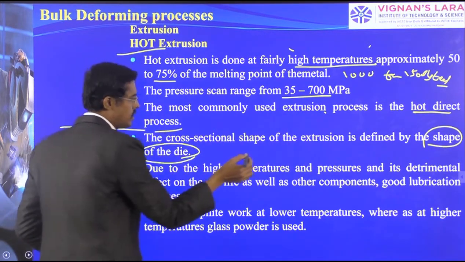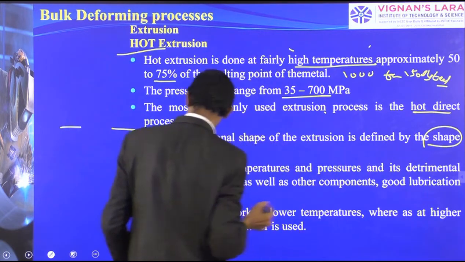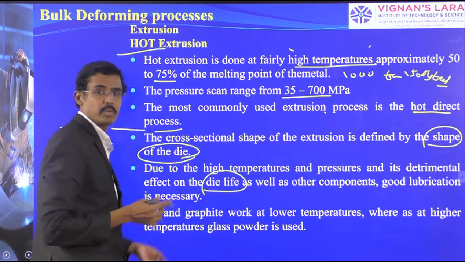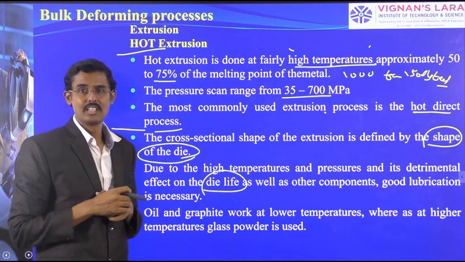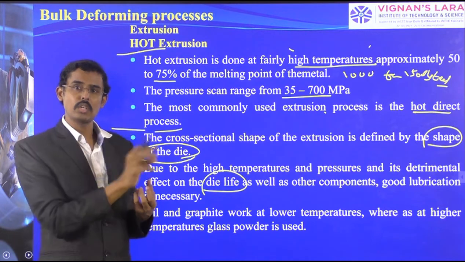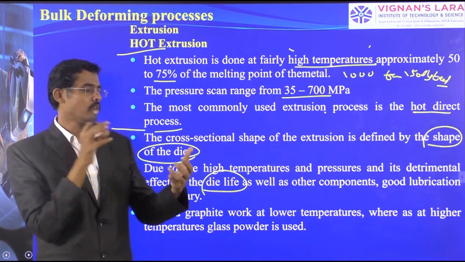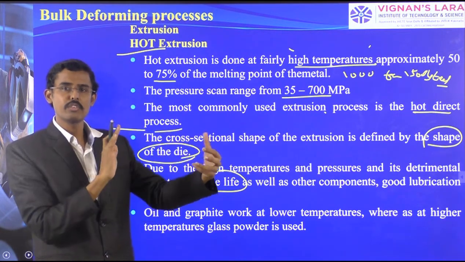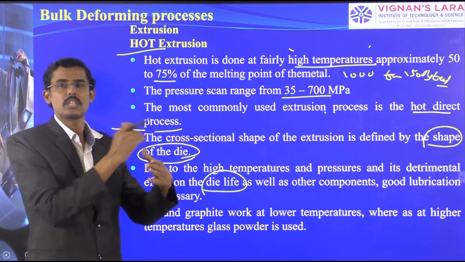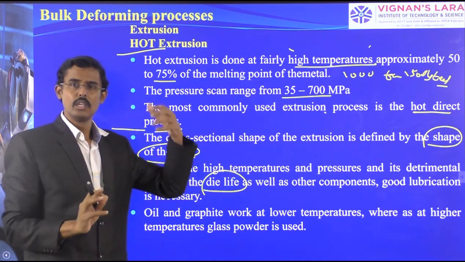Due to the high temperature and pressure, there is a detrimental effect on the die life, because it is absorbing the heat. The die is at an ideal condition. The billet, the material which we want to extrude, is at red hot condition. It is going to face the die, a normal room temperature die. Therefore, the temperature gradient will exchange the temperature from the billet to the die.